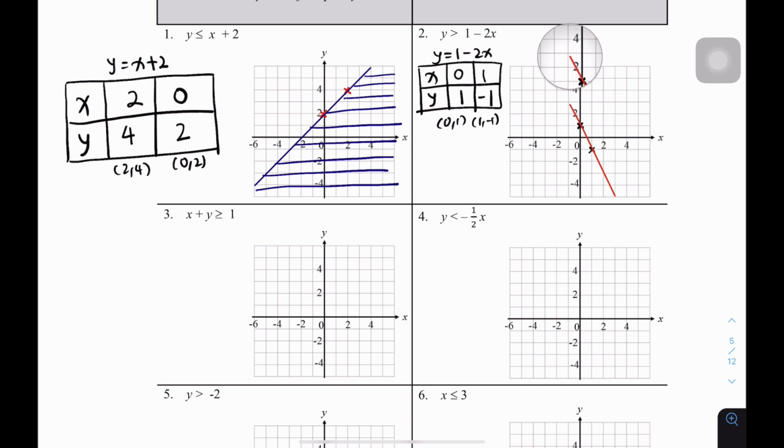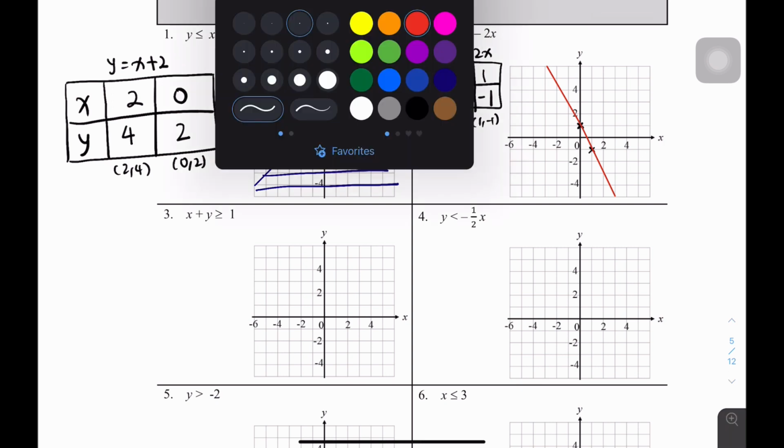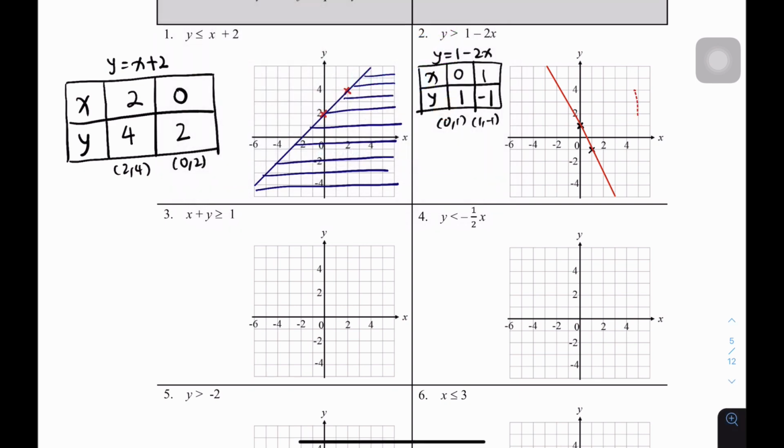Apa dia tak berubah? Sekejap saya lukis balik. Alamak. Dotted line.